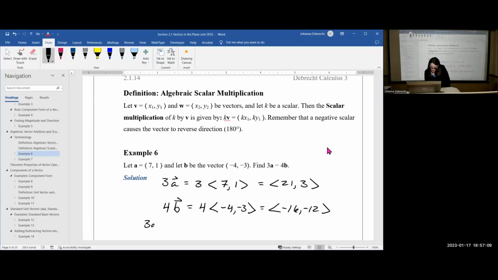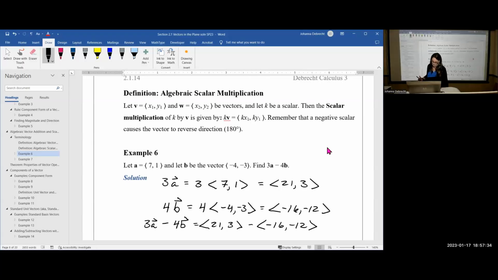And then to find 3a minus 4b, I take those two new vectors, <21, 3> and <-16, -12>, and I subtract the second from the first. Now we've got the subtraction, which is like plus a negative. So could I distribute the negative and just add? Yes, you can.